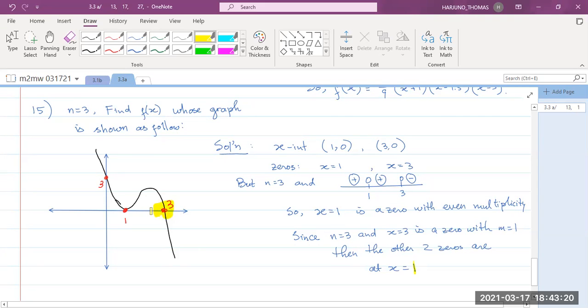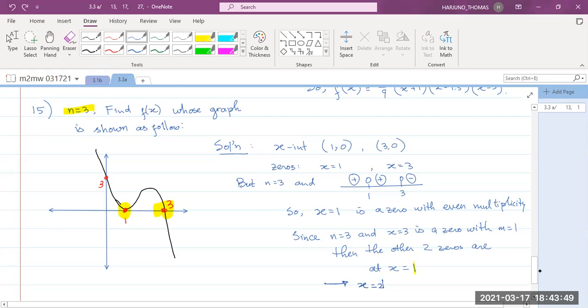You're supposed to have a total of 3 because the degree is 3. Okay, so the other two zeros must be here, right? Now from there we say then x equals 2, I'm sorry, x equals 1 is a zero.